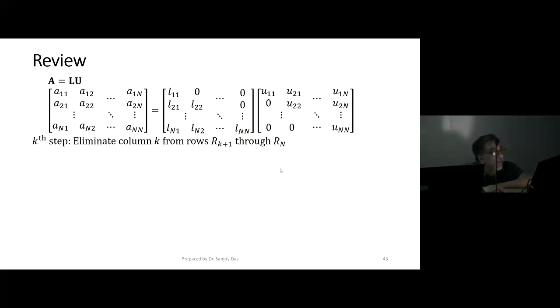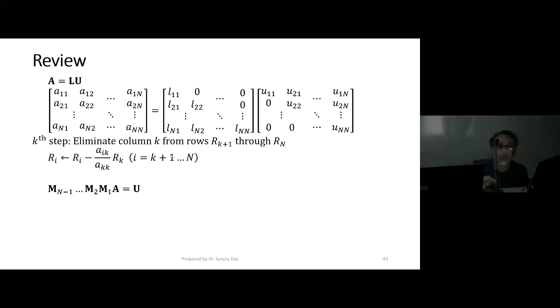And in the kth step, this is the operation that I carry out. The equivalent of each of these operations is pre-multiplication with a lower triangular matrix, right? So I get a sequence of lower triangular matrices times A equals the upper triangular matrix, whence MA equals U, where M is the product of all these matrices, whence A equals M inverse U, which is LU.